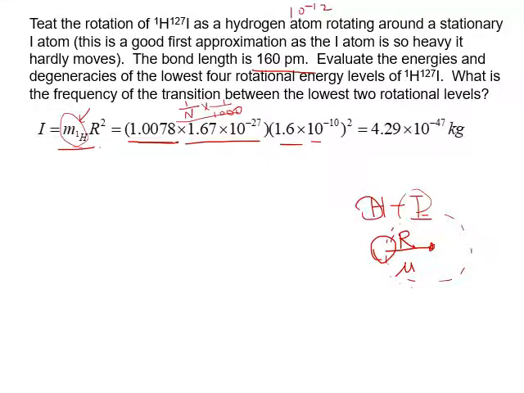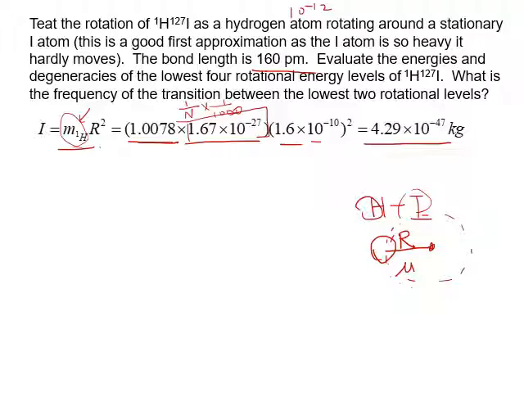You can use this as a conversion factor in the future to convert 1 mole in grams to 1 atom or 1 molecule in kilograms. So here it gives you 4.289 times 10 to the minus 47 kilogram meter squared as the moment of inertia.